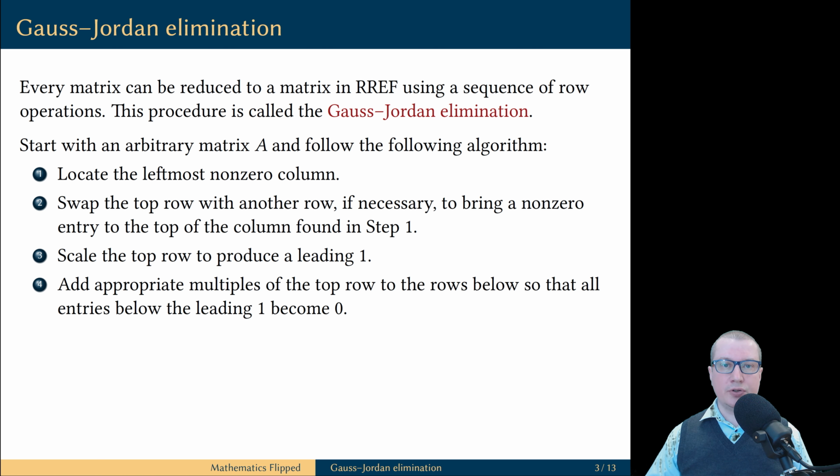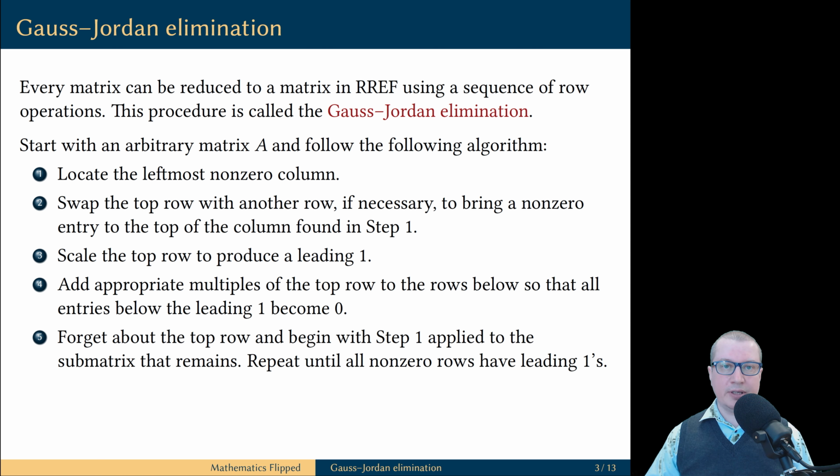Step 4 is to use as many replacement operations as necessary to produce zeros in the column below the leading one. Step 5 is forget about the top row, imagine it is not present in the matrix, and start again from step 1. Keep going through steps 1 through 5 until you exhaust all non-zero rows.